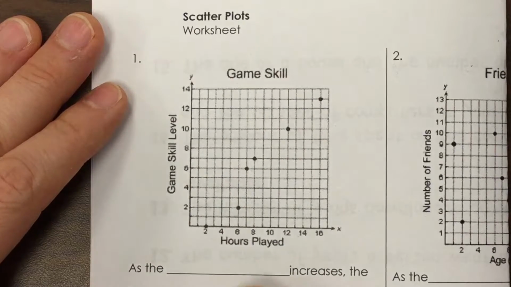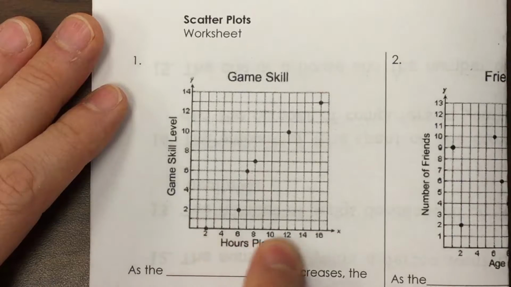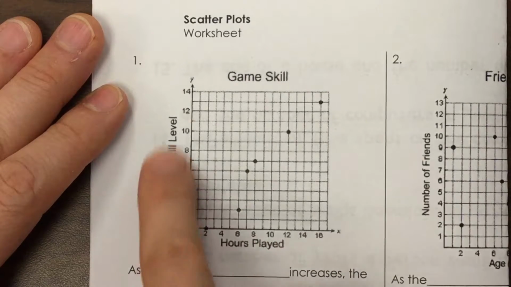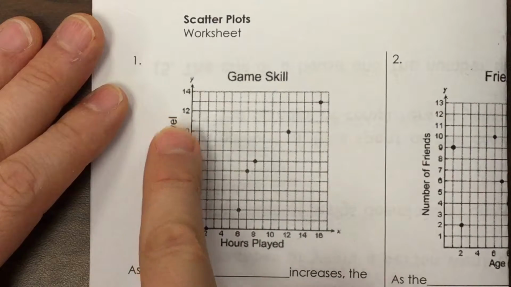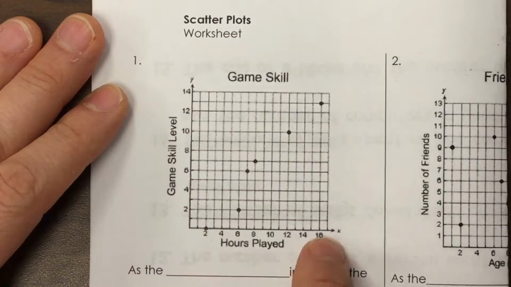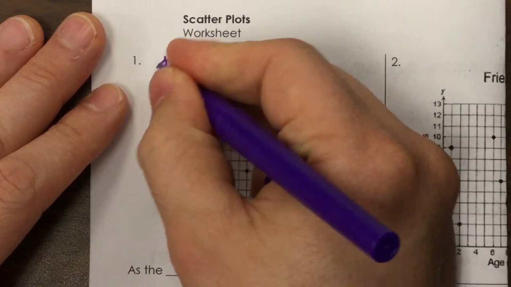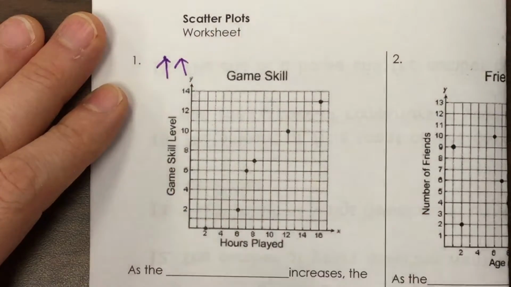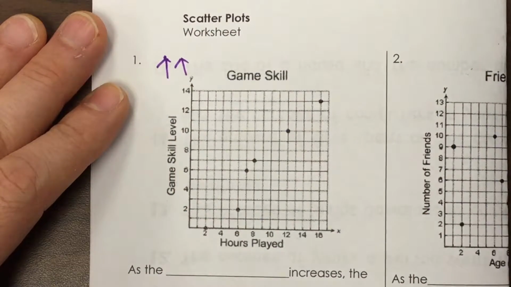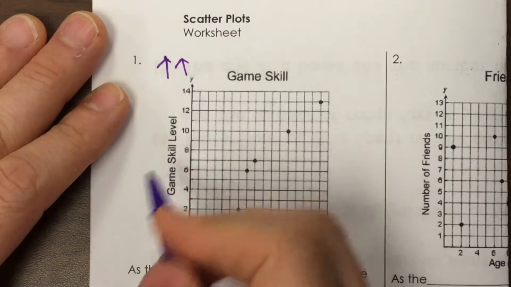And what does that mean? It means the more hours you play the game, your skill level, your ability at playing the game gets higher, right? So the more this goes up, the more this goes up. And that is how you identify a positive correlation. They're both going the same direction, all right? Negative correlation, one would go up, the other one would go down.